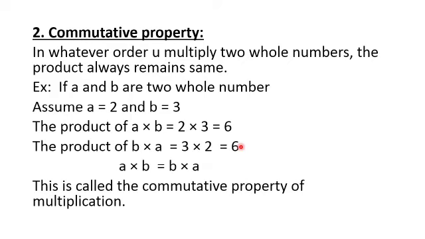So here you will say A into B equals B into A. In whatever order you multiply two whole numbers, the answer will remain the same. So this commutative property is also satisfied in multiplication.